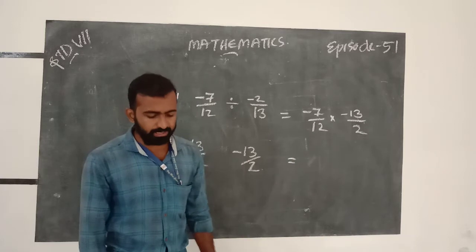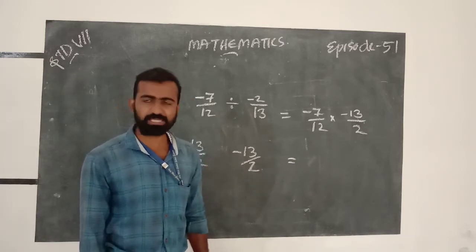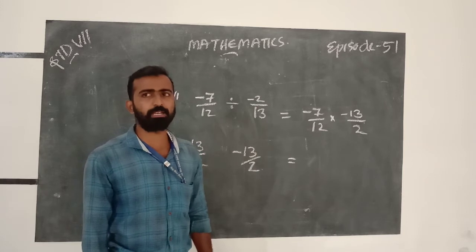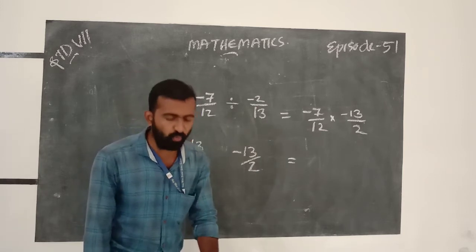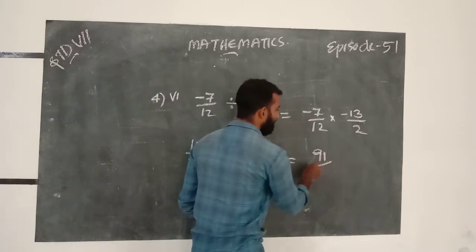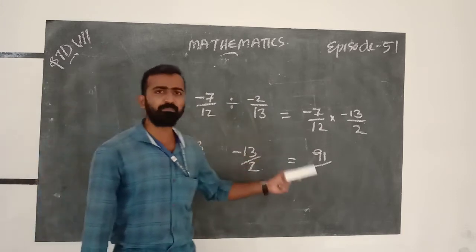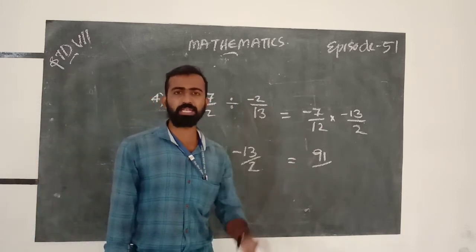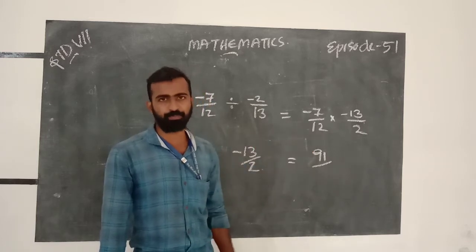So here we get negative 7 into negative 13. What is negative 7 into negative 13? We get 91. When we multiply two negative numbers, we get the product as a positive number.